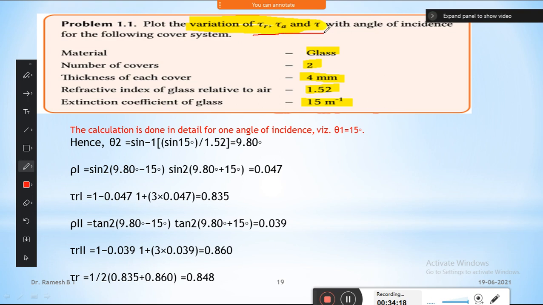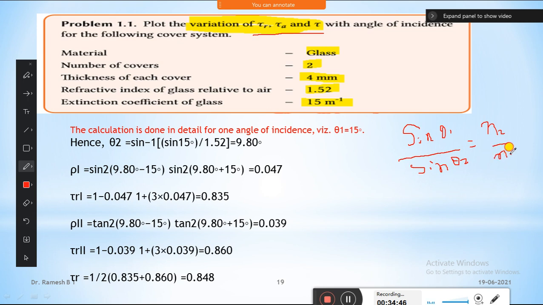For this we know the equation according to Snell's law. What does that law explain? It is sine theta 1 divided by sine theta 2 equal to n2 by n1.